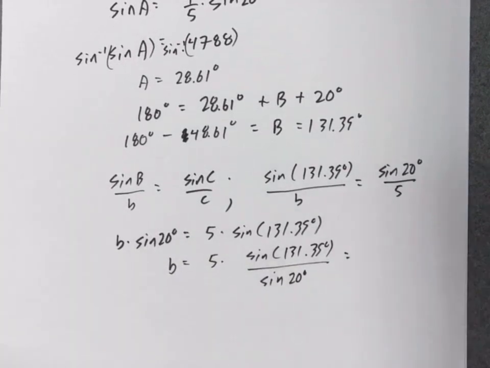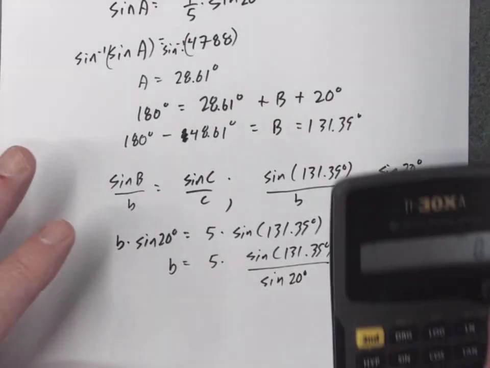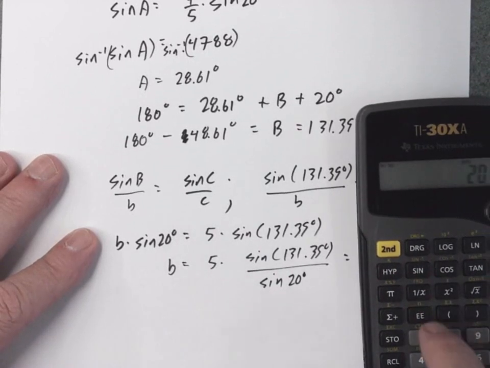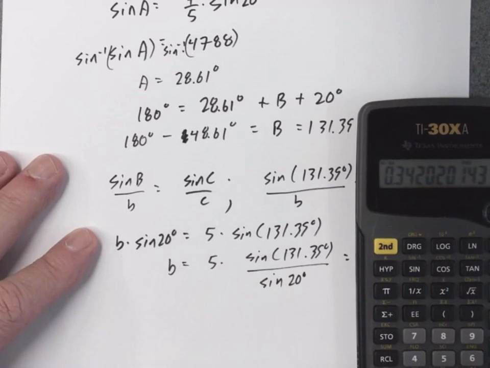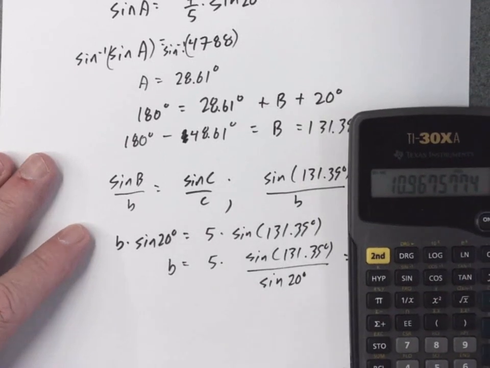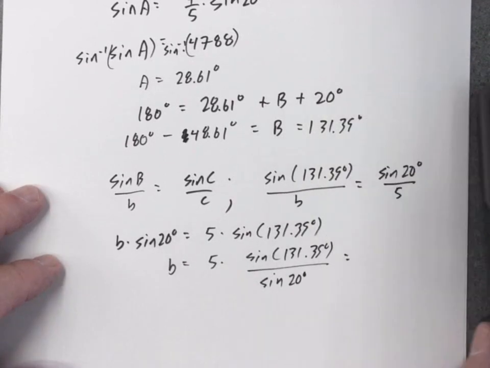Got my calculator. 131.39, the sine, divided by the sine of 20, times 5. Looks like 10.967, which is 10.97.